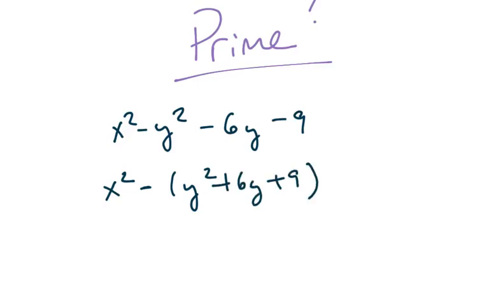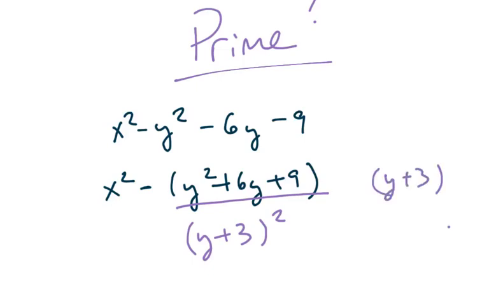Now, this factors into y plus 3 squared, right? And if you don't believe me, take y plus 3 times y plus 3, and you'll realize you'll get 6y, and then 9, which represents these values, and this is minus x squared.